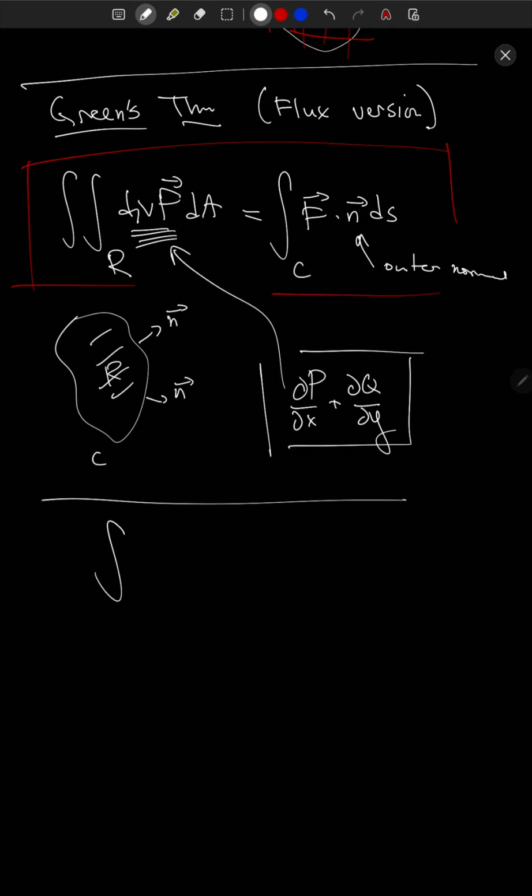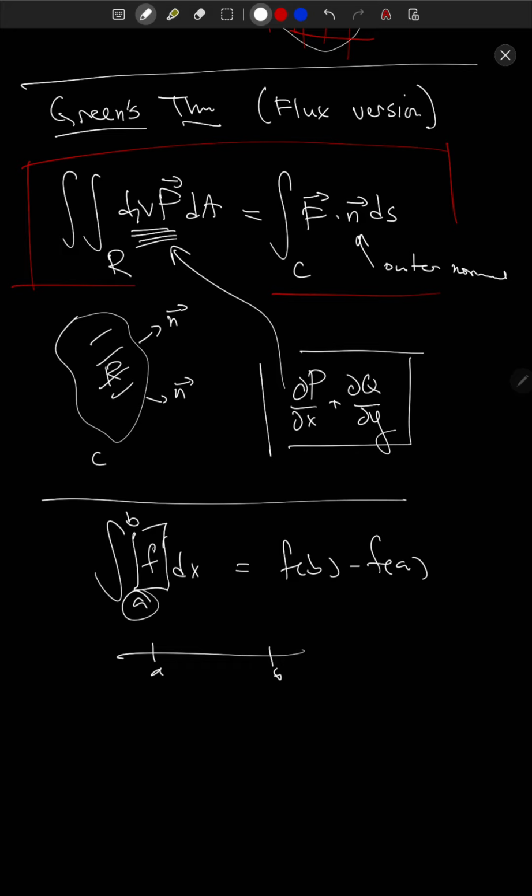It says the integral of f prime dx from a to b is equal to f of b minus f of a, from one variable calculus. The left-hand side is you're integrating a derivative over a region a to b. What is the right-hand side? The right-hand side has that same function, but no more derivative. The derivative is gone, and you're not looking at the region, you're looking at its boundary, a and b.